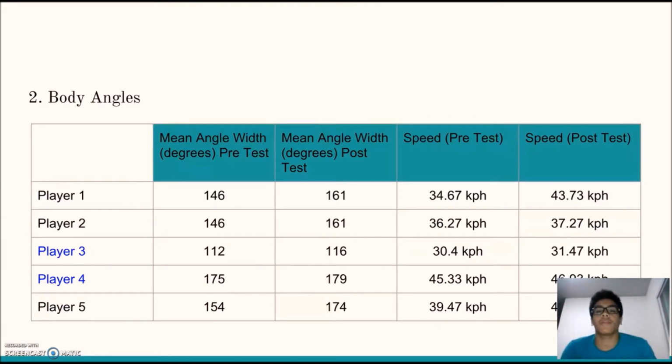The intervention we made them do was to increase the rotation of the trunk and torso when shooting more than what was recorded during the pretest. The results showed that the increase in rotation of the trunk and torso, which was derived from the increase of angle during the preparation phase, resulted in faster shots.